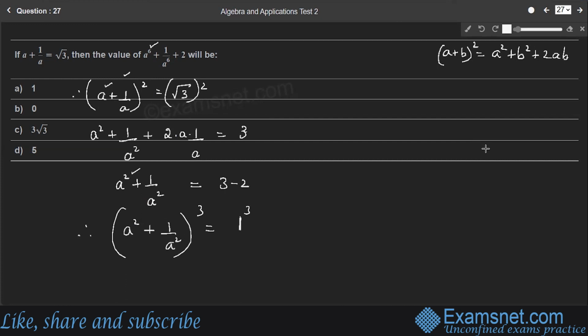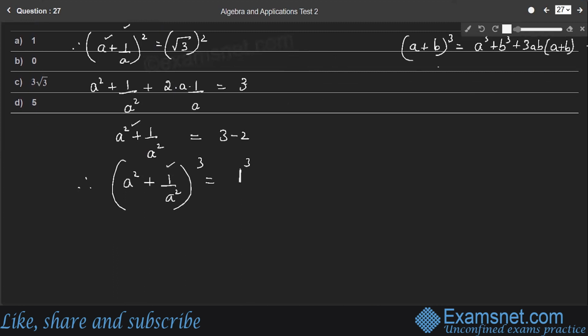Here students, we need to use the formula of (a plus b) whole cube: a cube plus b cube plus 3 times ab into (a plus b). Here a is a square, b is 1 by a square. So, (a plus b) whole cube becomes a cube, (a square) the whole cube, plus b cube, (1 by a square) the whole cube, plus 3 times a into b, a square into 1 by a square, into (a plus b).